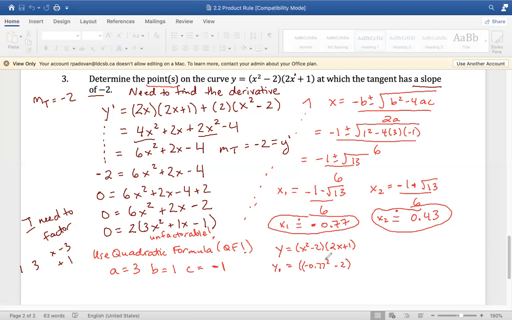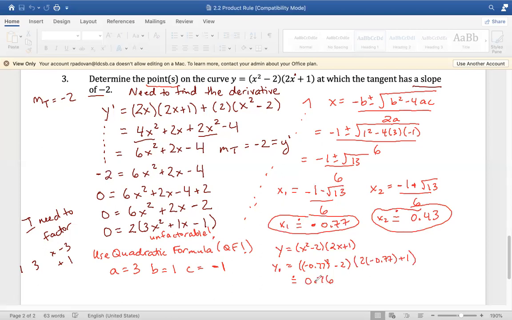That would be in brackets, right? Multiplied by 2 times -0.77 plus 1. So square that first, I'd get a positive, subtract 2, get an answer, multiply this, you'll get a negative, and then add 1, and then multiply those two beside each other, and you should have, which one am I doing here? The -0.77, you should get roughly, so put a dot on top, 0.76.